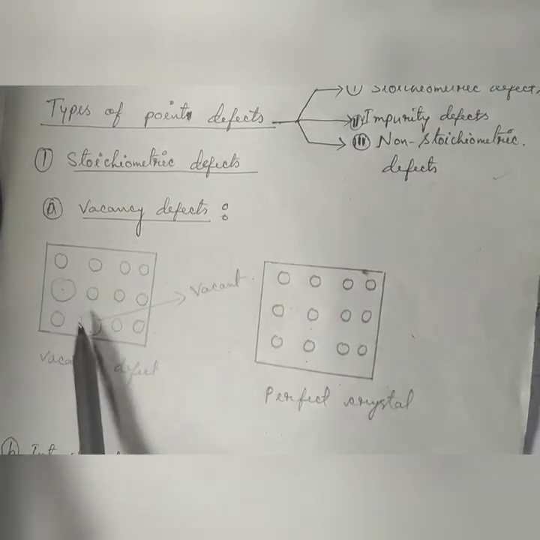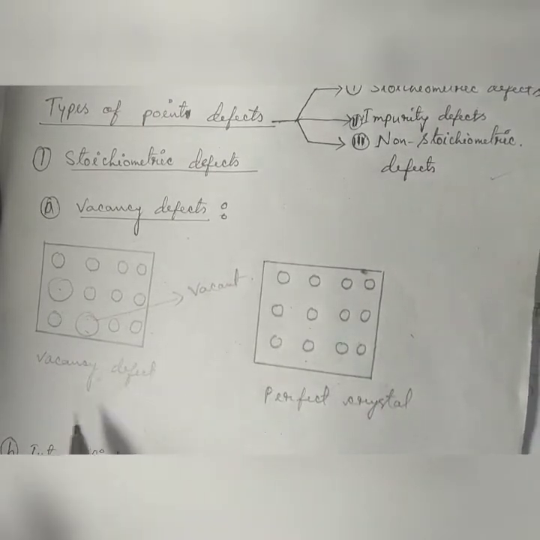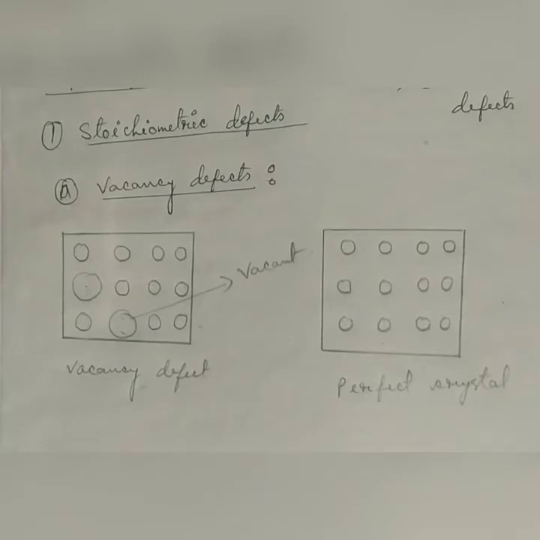That means these two spaces are vacant. This type of defect is known as a vacancy defect. This type of defect decreases the density of a solid, and it occurs mainly by heating a solid.